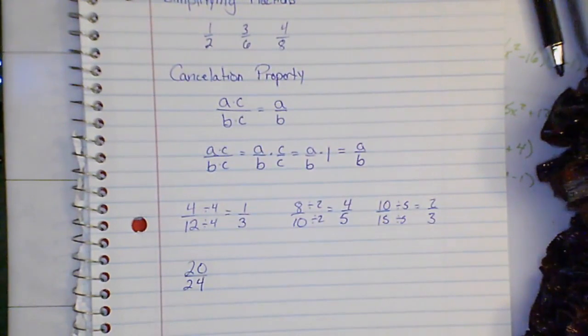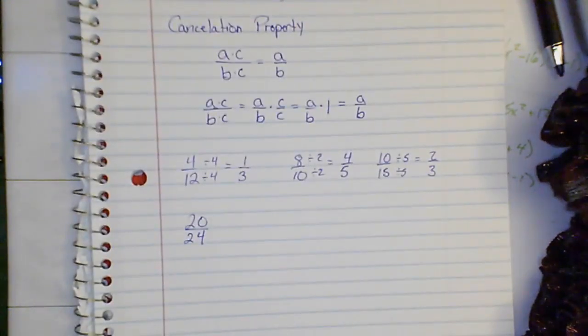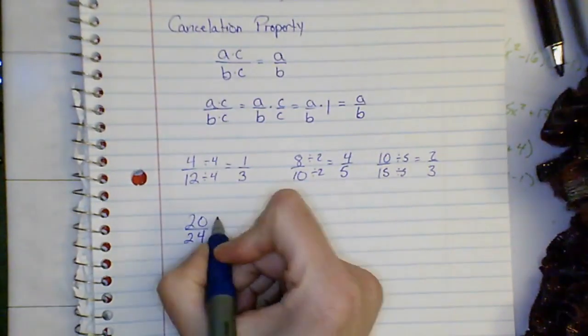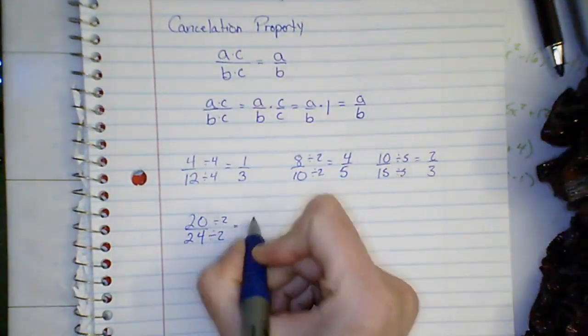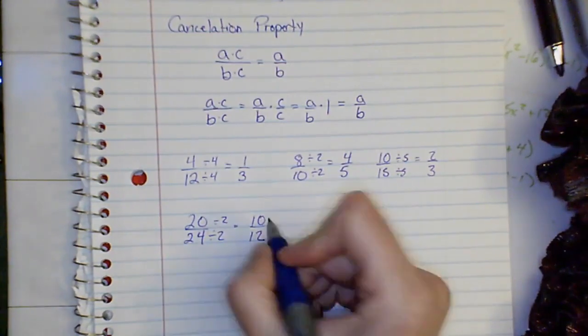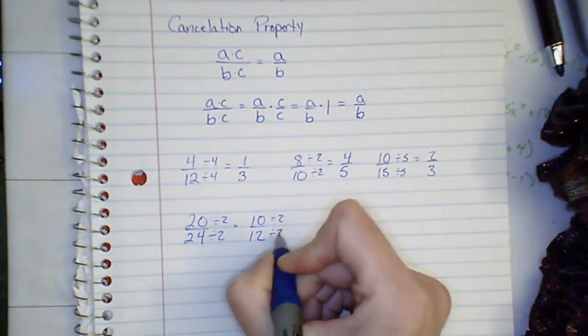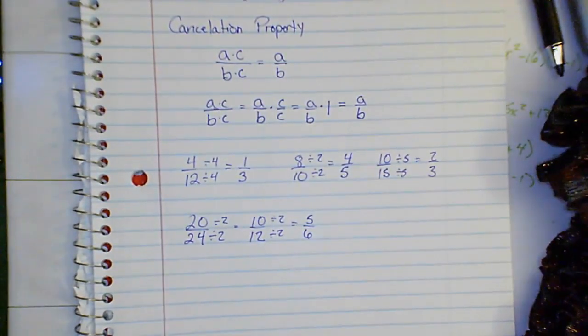Now, 20 over 24, you can cancel multiple times. At first, I see, hey, I can divide by 2, and we get 10/12. Well, 10/12 is not reduced yet, so we can divide by another 2 to get 5/6, where at first we could have divided by a 4 to get straight to 5/6, but it is okay to take these in smaller chunks or smaller factors.